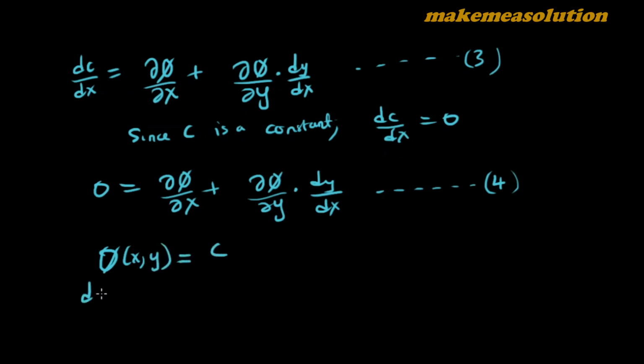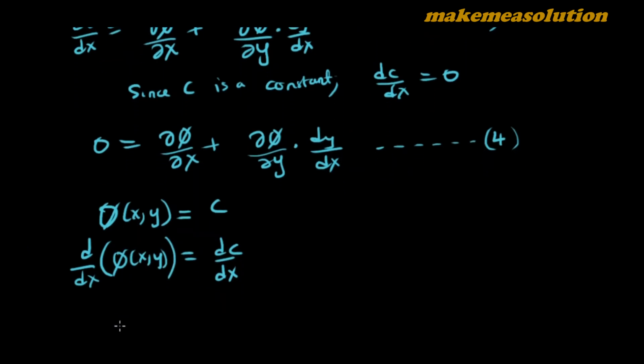So when you are differentiating with respect to x, the total derivative of phi of x comma y is as if you're differentiating c with respect to x. So the derivative of phi of x comma y with respect to x will be equal to 0.